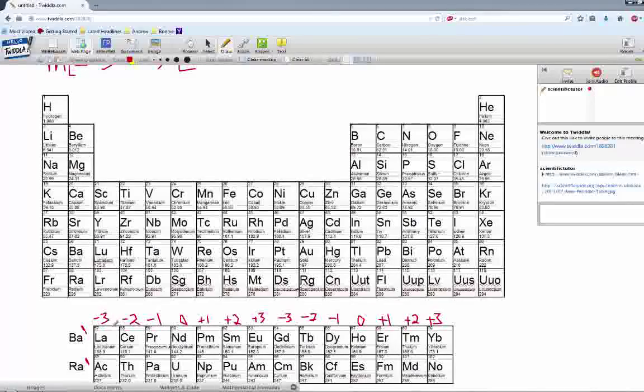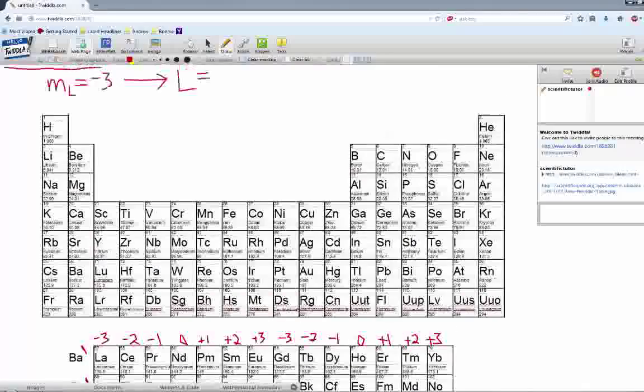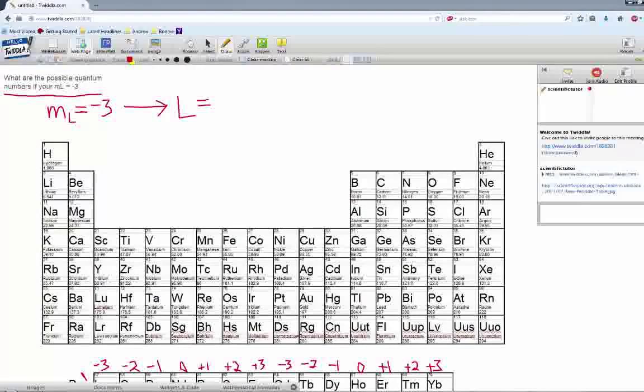Therefore, the f orbitals have to be the start of the orbitals that can be labeled -3 with m sub L. The designation for the f orbitals, the L, is 3. F orbitals are represented by 3 in quantum numbers.